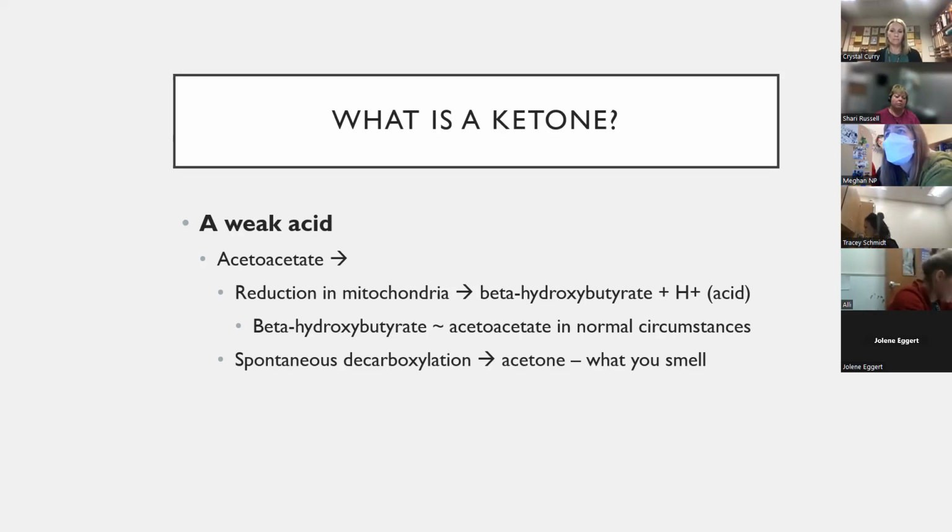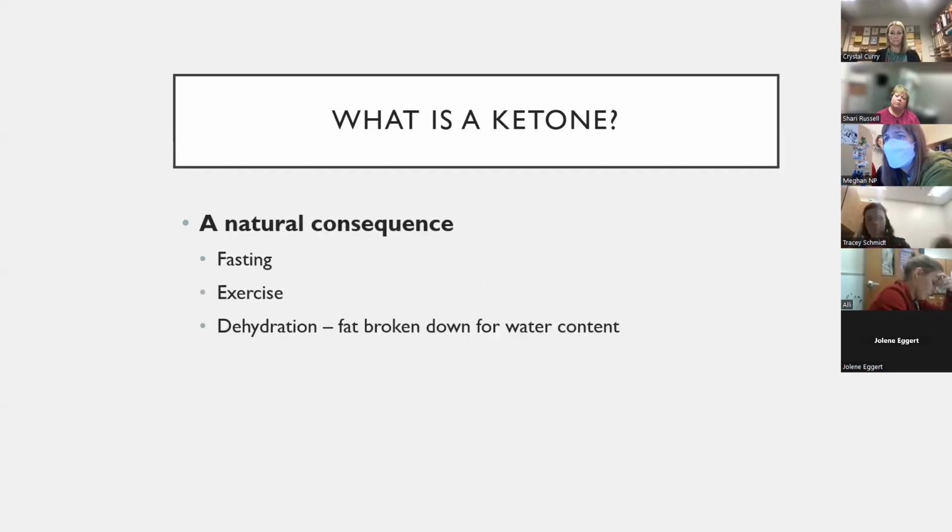In patients with diabetes, if the ketone production is getting out of control, you will see more beta hydroxybutyrate production, and that is naturally decarboxylated into acetone, which is what you smell when you smell ketones on someone's breath. So that's why paying attention to all of your senses, looking for that ketone breath in patients with diabetes is particularly important, because this ketone balance can become unbalanced in certain situations with them.